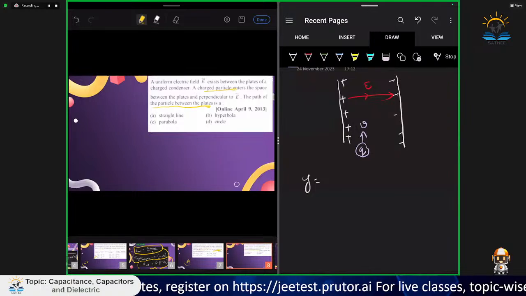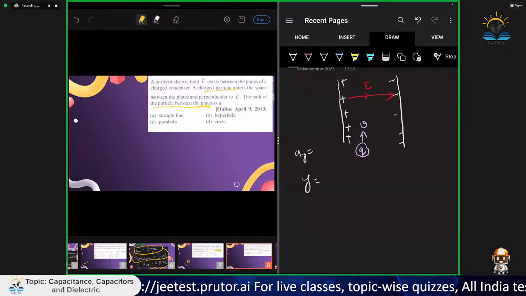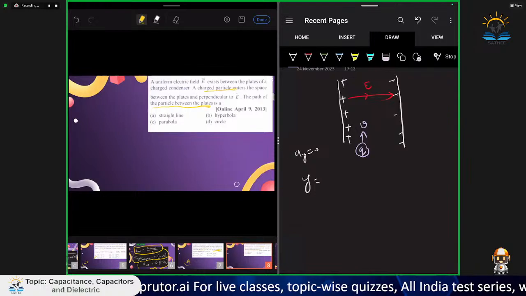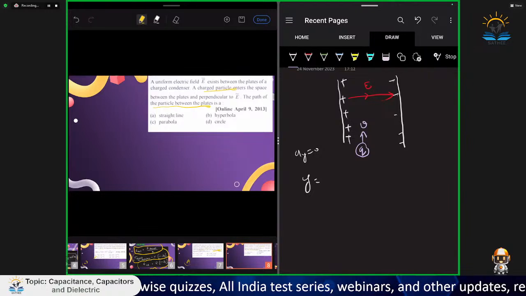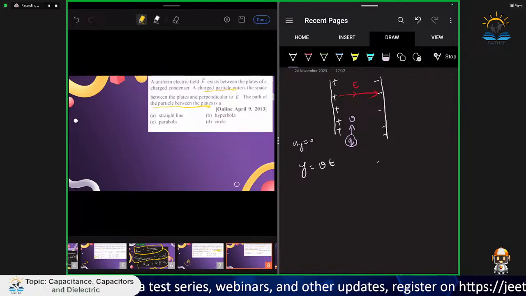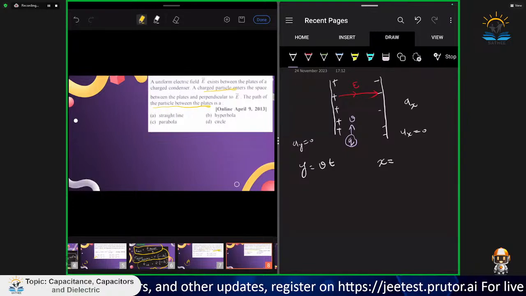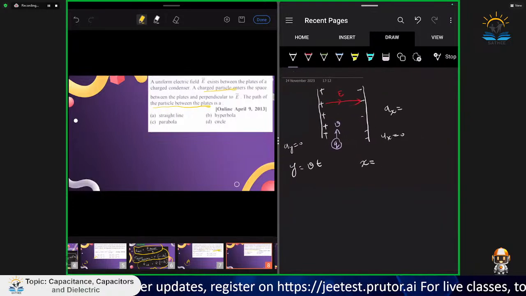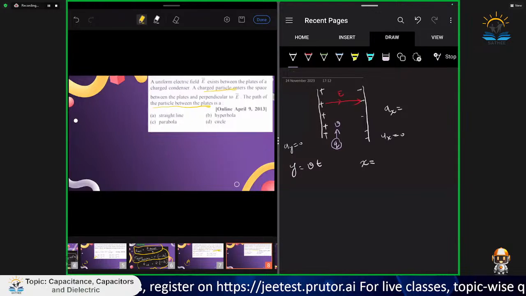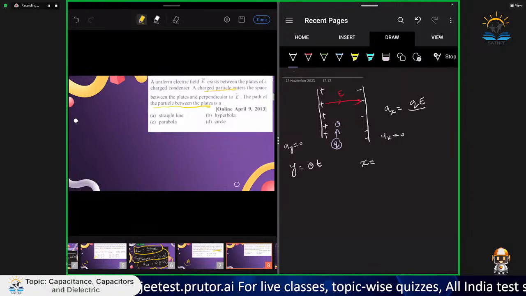In the y direction, s is equal to ut plus half a t square. y is equal to uy t plus half ay t square. Here ay is 0, there is no force in the y direction, because this is just a charged particle, so gravity doesn't matter here. So y is equal to simply v into t. But in the x direction, ux is 0, but we have ax because of this electric field E. There is a force Q into E, charge into electric field, divided by mass.